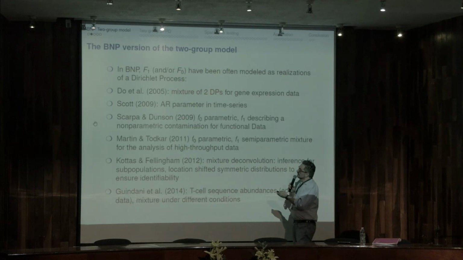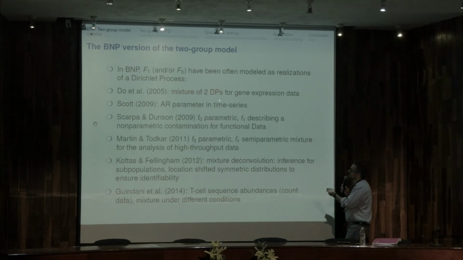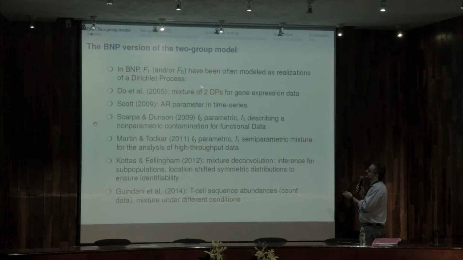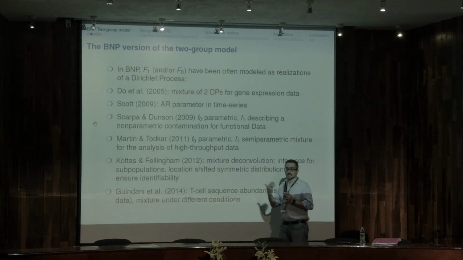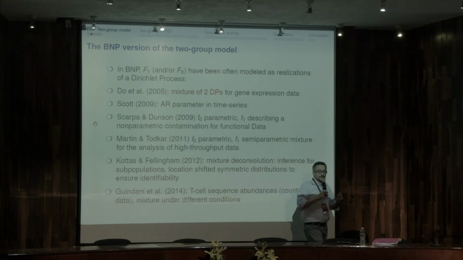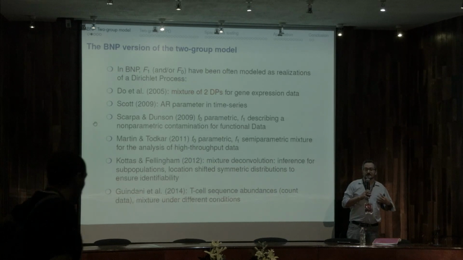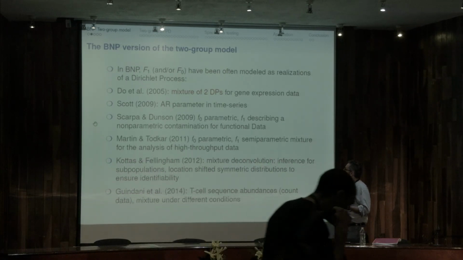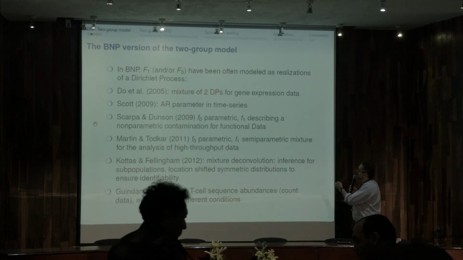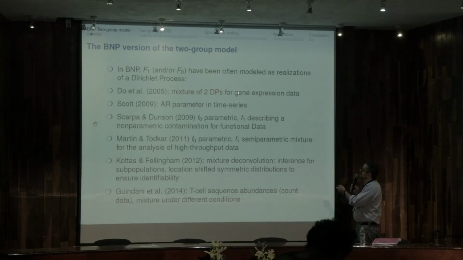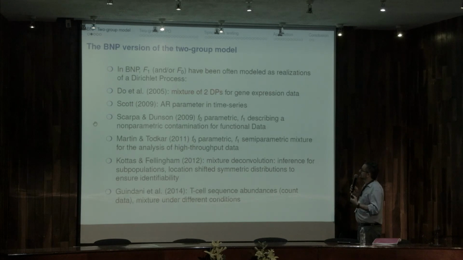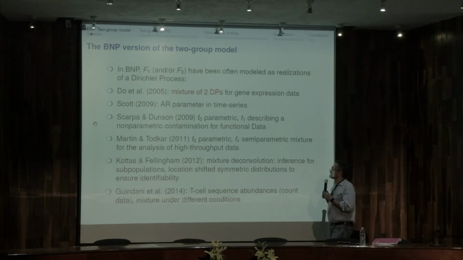The first and the most relevant, at least at the beginning, was a paper by Kim, Do and Peter Mueller in 2005. And of course, what they did is just to consider, instead of a mixture of F0 and F1 with parametric form, a mixture of two Dirichlet processes. They applied this to the analysis of gene expression data, so a high-throughput framework.